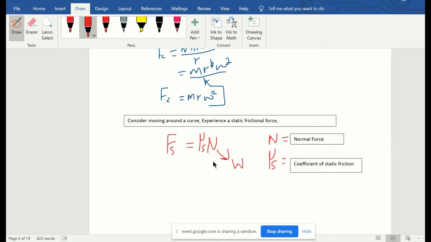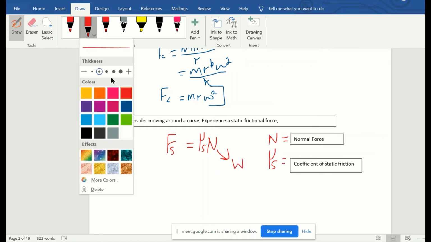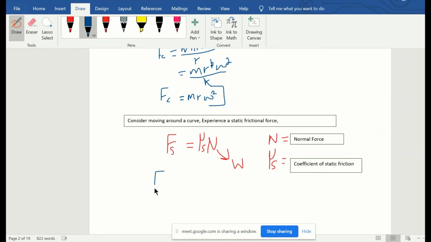So I can say that my static frictional force F subscript S is equal to the friction coefficient times the weight, and you know that the weight is equal to mg. So N becomes mg.